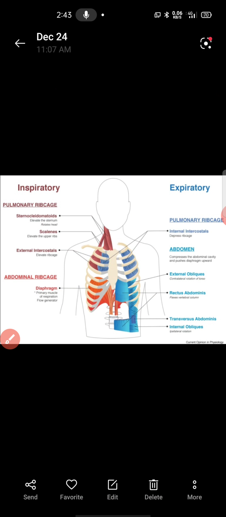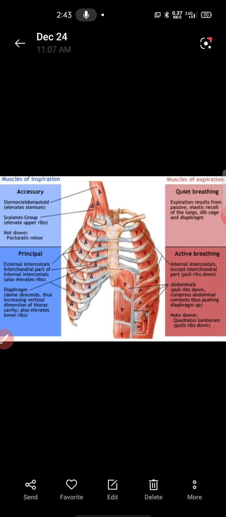Principal muscles, which are involved in inspiration maximally, are the diaphragm and external intercostal muscles.